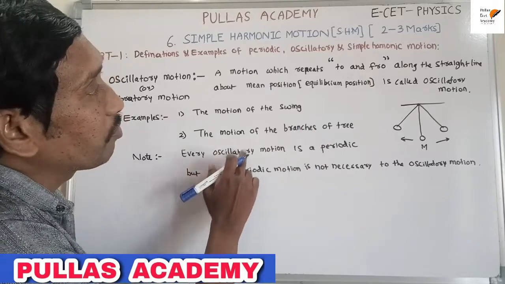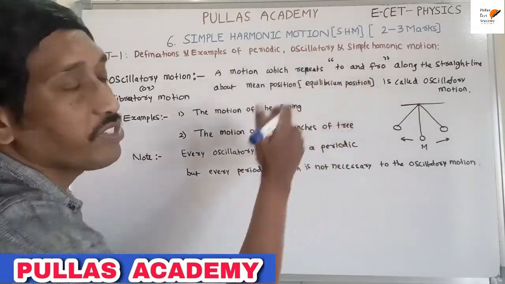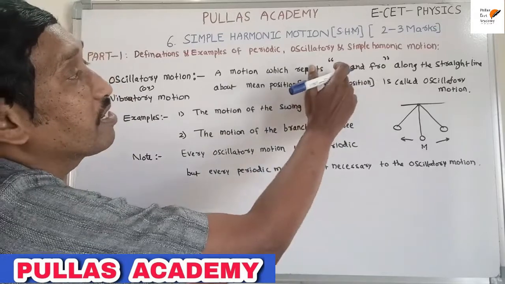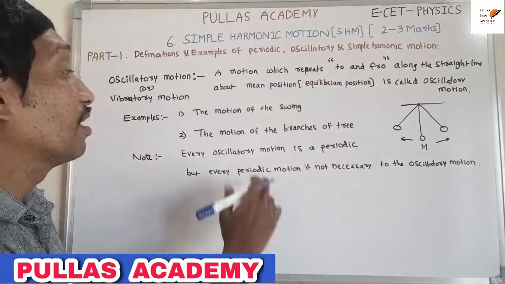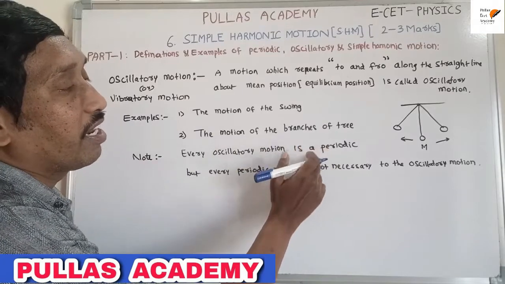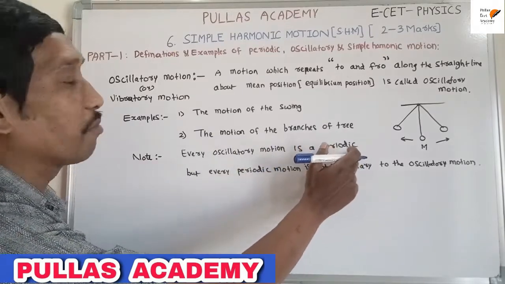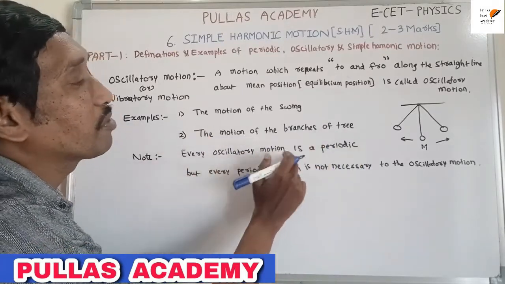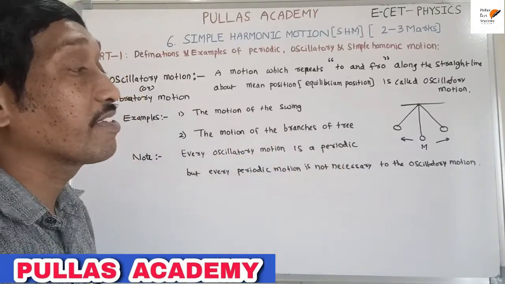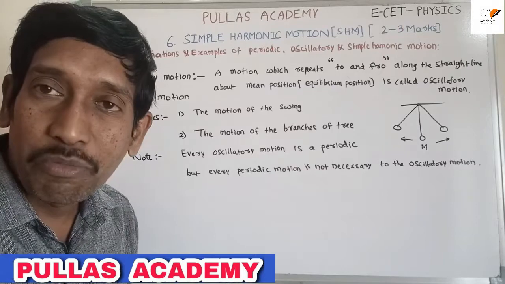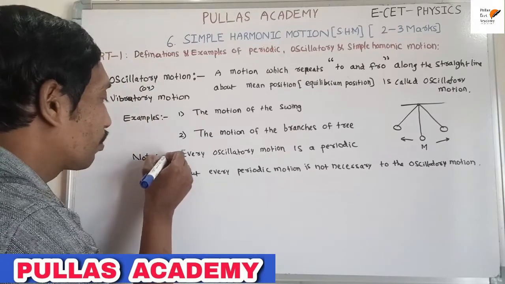Because in oscillatory motion the to and fro motion repeats along a straight line, and when any motion repeats, that is periodic motion. That's why every oscillatory motion is periodic, but every periodic motion is not necessarily oscillatory. That's an important point. Note this point.